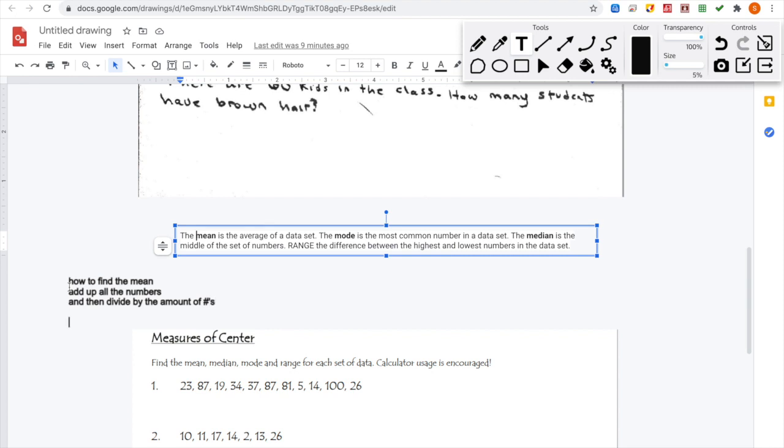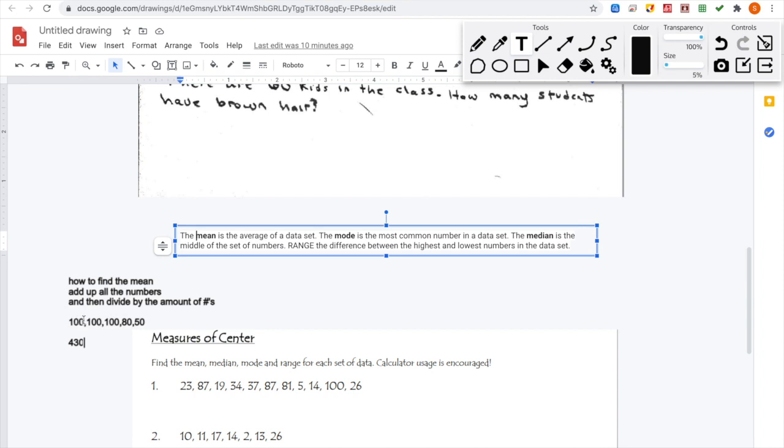So for instance, say this person gets 100, 100, 100, 80, and a 50 on their test. To find the average, or to find the mean, we would add up 100 plus 100 plus 100 plus 80 plus 50. So we'd have 350, 430, and divide it by the amount of numbers we added.